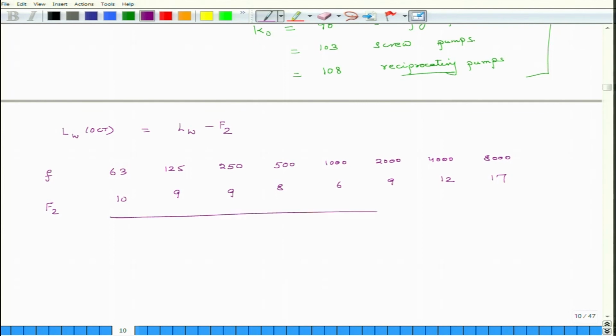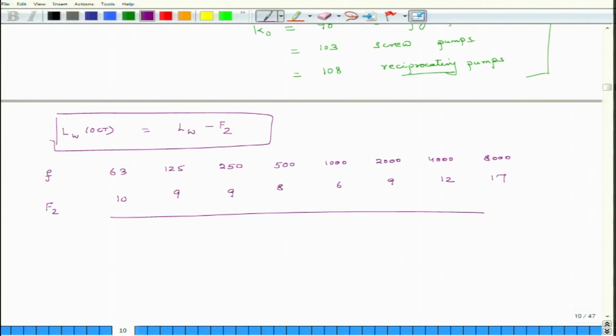So, this is how we can calculate the sound power level for different octave bands.